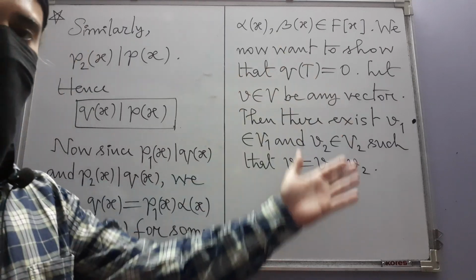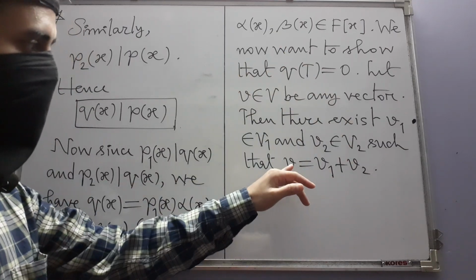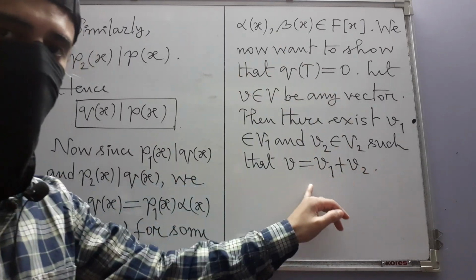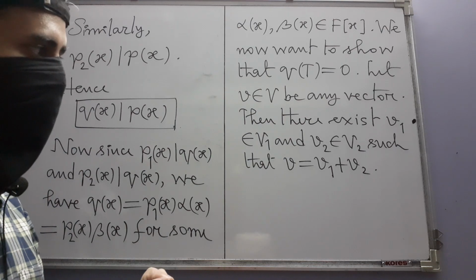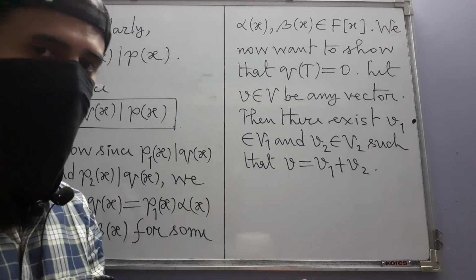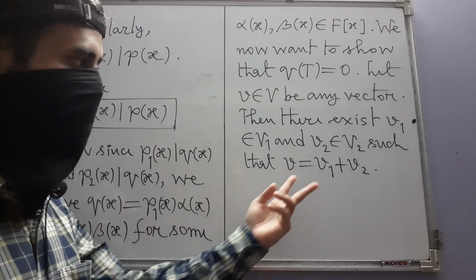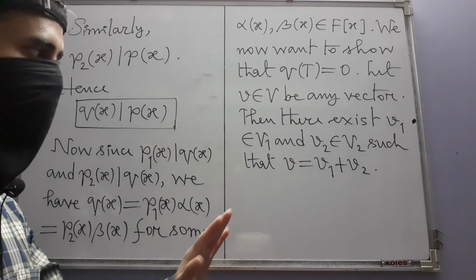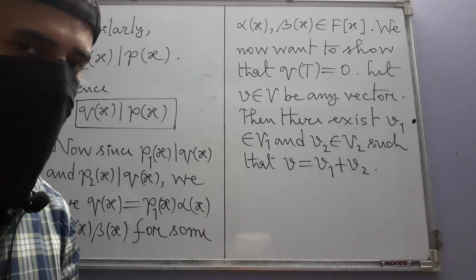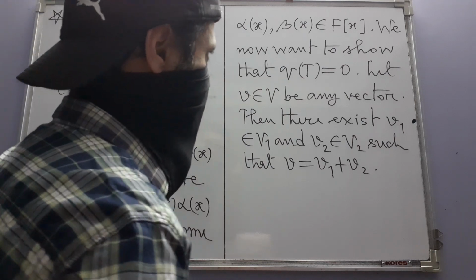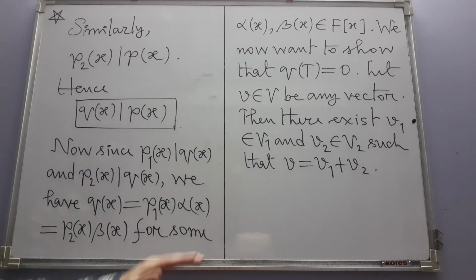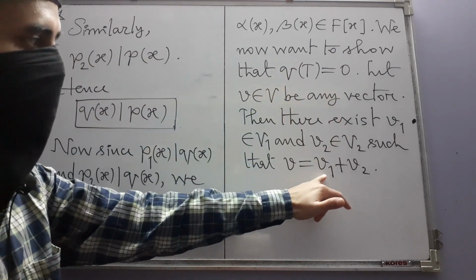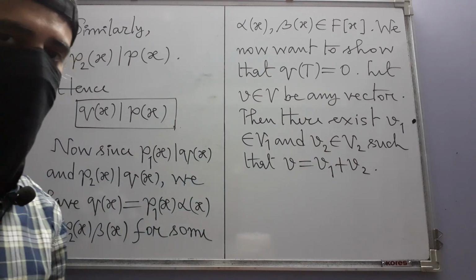Maybe there are other such vectors also, which when added give us v, because uniqueness is not guaranteed, but at least a pair of vectors exists. Okay, so we don't actually need uniqueness. Now next what we do, we apply Q of t separately on v1 and v2 and let's see what we get.